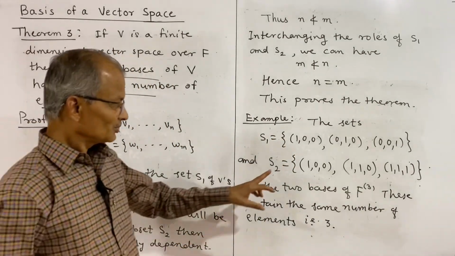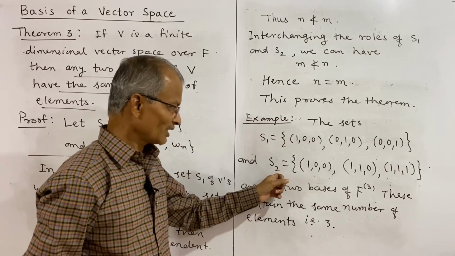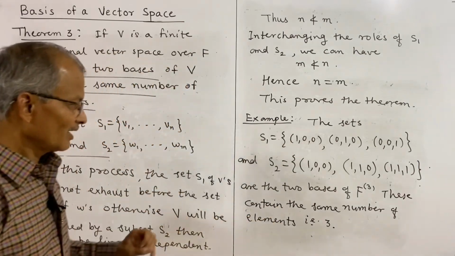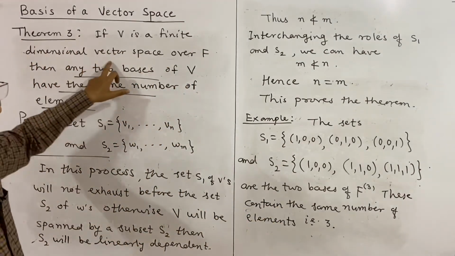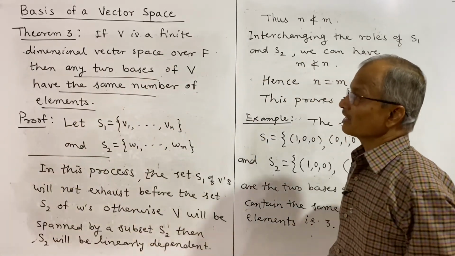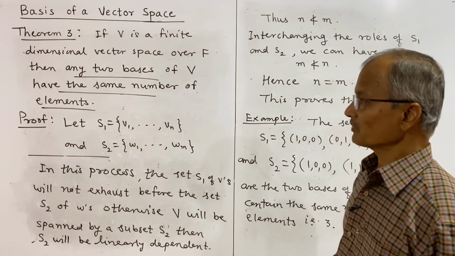So you should try to show S2 is also a basis. Then they will contain the same number of elements, and that will be an example of our verification of this theorem: in a finite dimensional vector space over F, any two bases have the same number of elements.